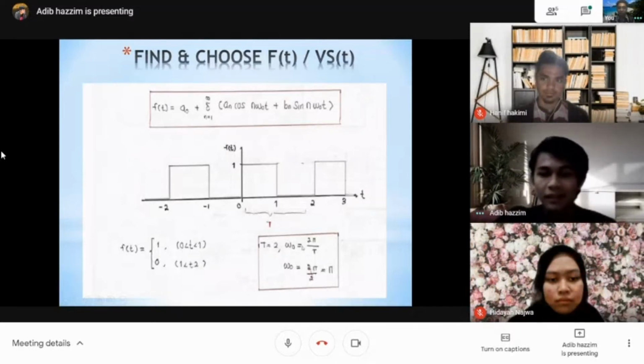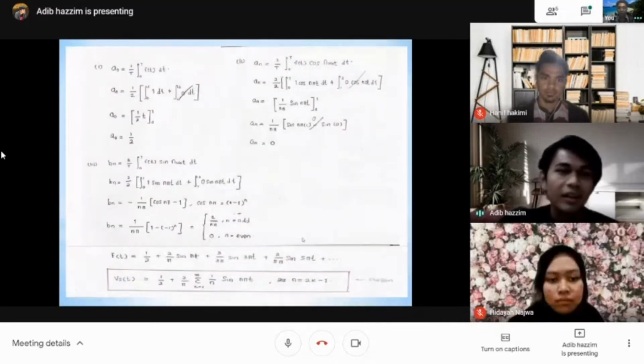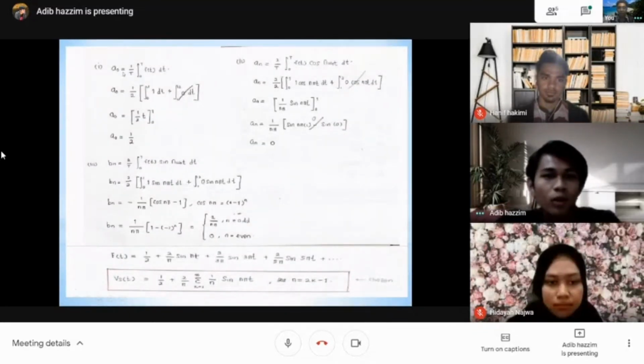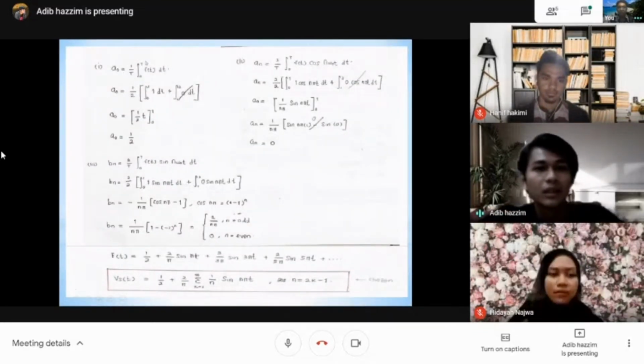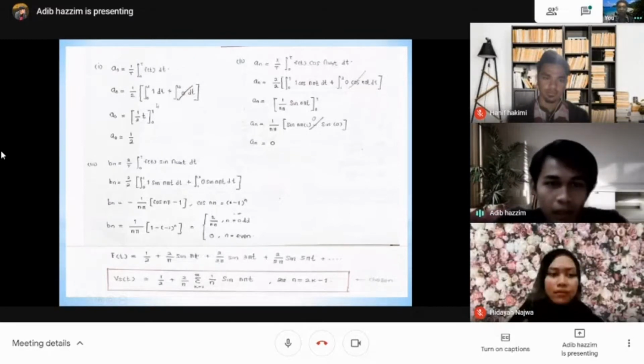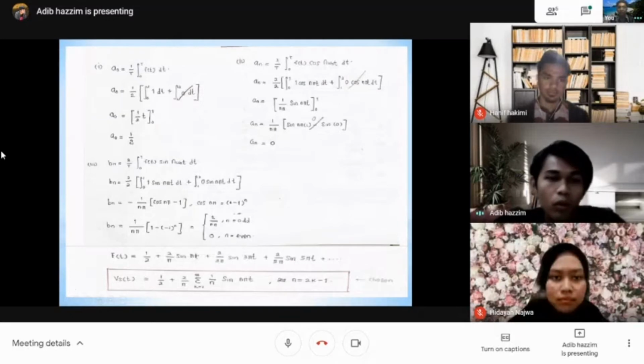Next, first we need to find a0. For a0 we use this formula, simplify, and we get a0 equals 1 over 2. Next we find an. We use this formula, simplify, and we get the answer 0. Lastly we need to find bn.